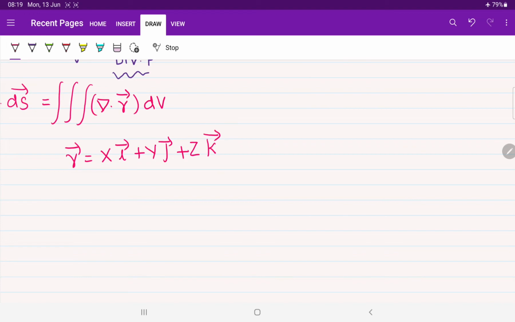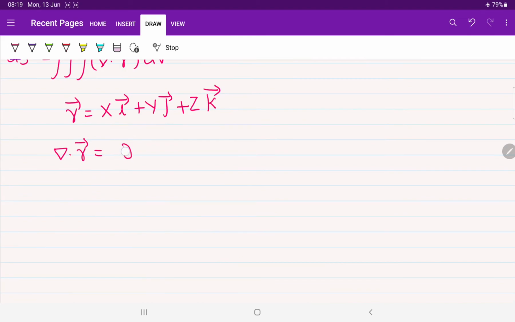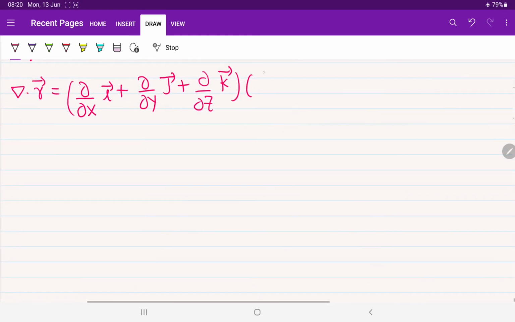Now the divergence is written as dou by dou x into i vector plus dou by dou y into j vector plus dou by dou z into k vector, dotted with R vector, which is x i plus y j plus z k.